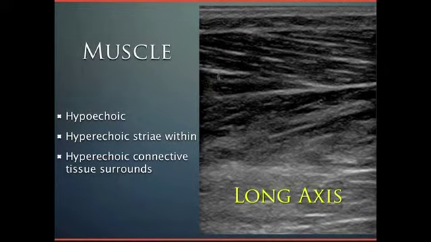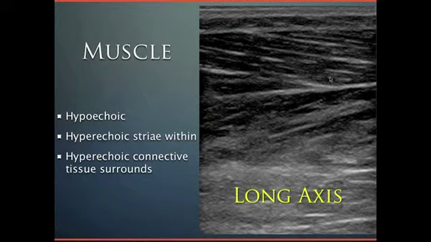So when we line up that linear probe in the long axis of the muscle, we can see these hyperechoic striae going across, and in between the different muscle bundles, we can see hyperechoic connective tissue surrounding them.